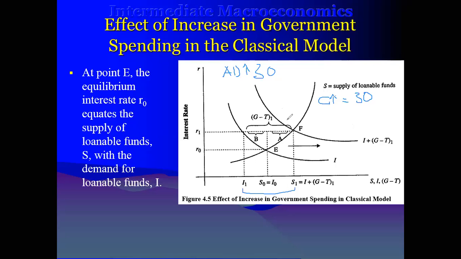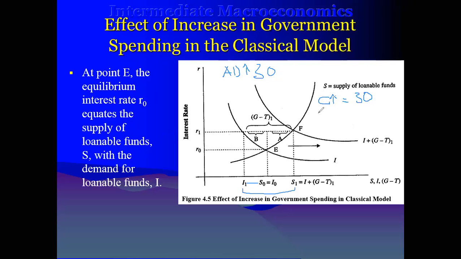Now, because there's an increase in government spending, it's causing an increase in interest rate, which means that investment is falling. It is falling from here to here. So this whole portion from here to here is a fall in investment.